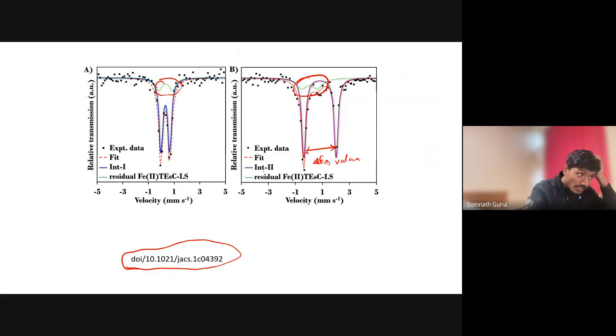Then they did some simulation, and they found some iron 2 COOH bound system, and then there is some residual iron 2 system present in that sample.